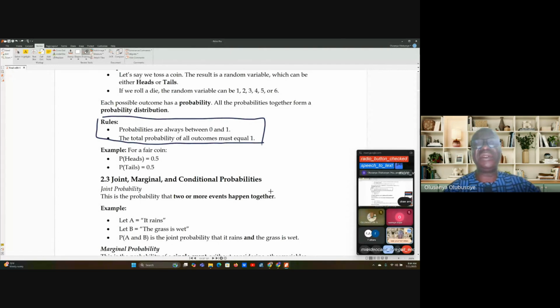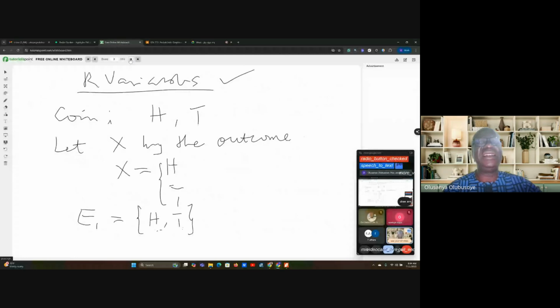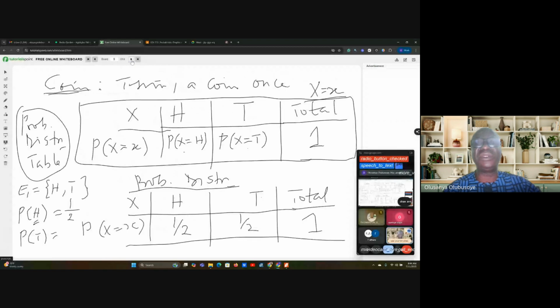Now, the second rule is that the total probability of all outcomes must be equal to 1. And that's what we've tried to demonstrate in the probability distribution table that we have created.